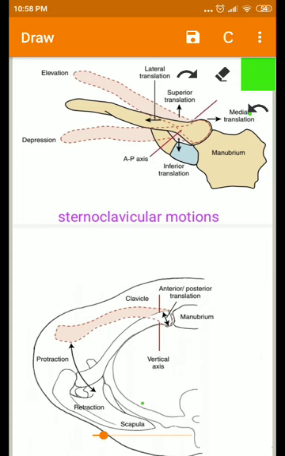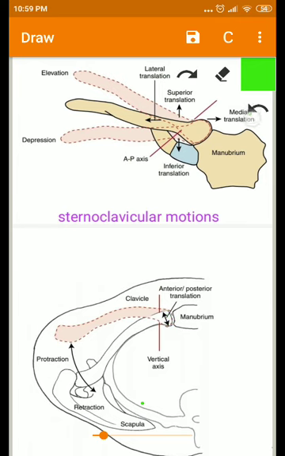Because of the saddle shape of the joint, the medial end of the clavicle in the AP view is convex, but in the transverse view it is concave. So that concave structure is articulating with the convex side of the manubrium, which helps in protraction and retraction.